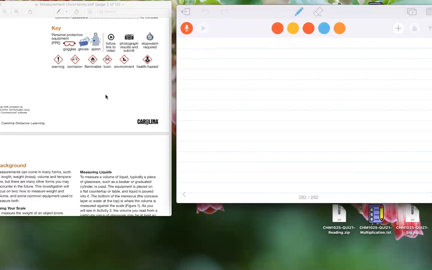There are rules for counting significant figures. You count significant figures from left to right.